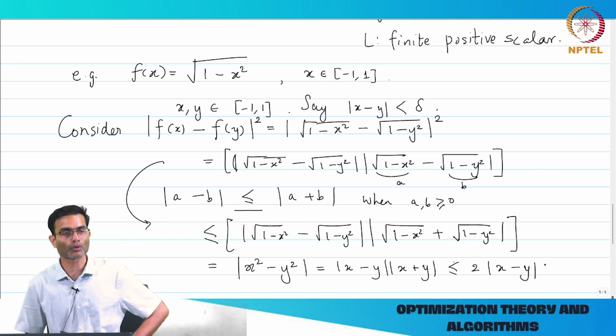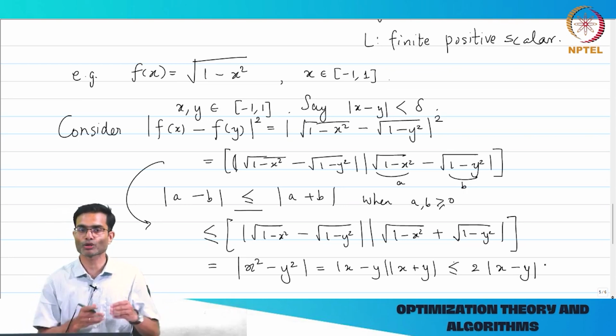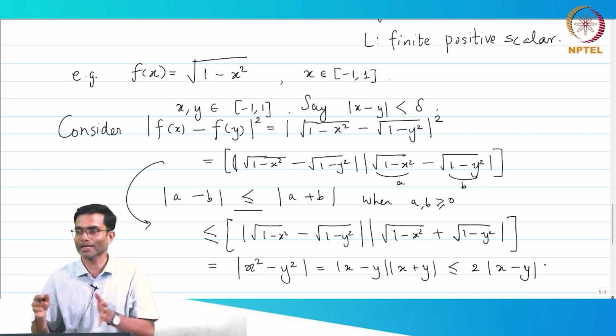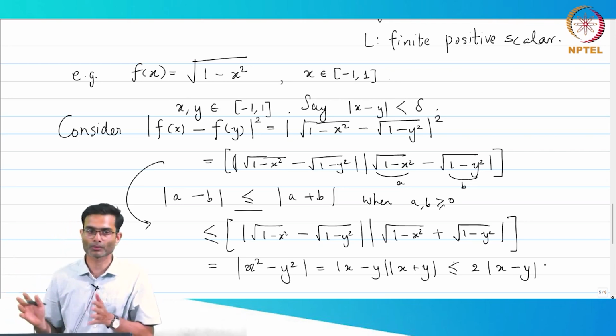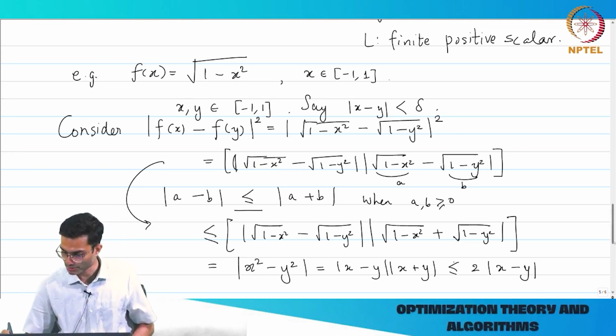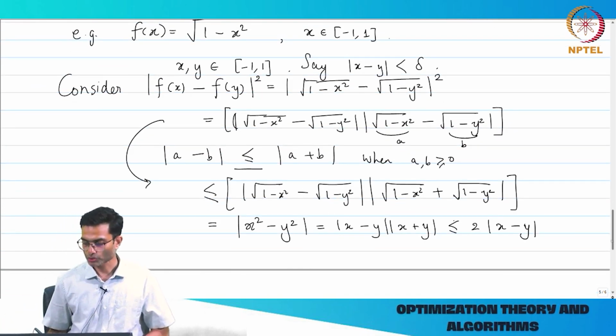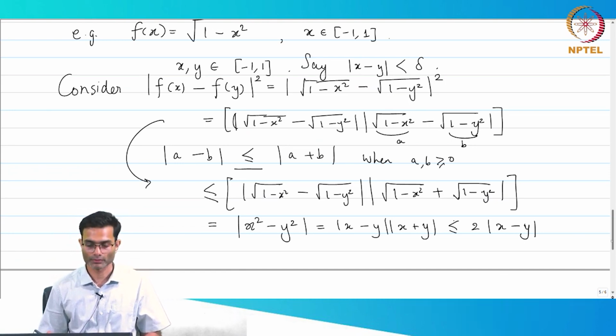We started with mod of fx minus fy, and in order to get to these continuity definitions, I needed to get mod x minus y on the right hand side by hook or crook. So these kind of simple inequalities have now gotten this term over here, right? So now this mod x minus y is what? What did we assume it to be?